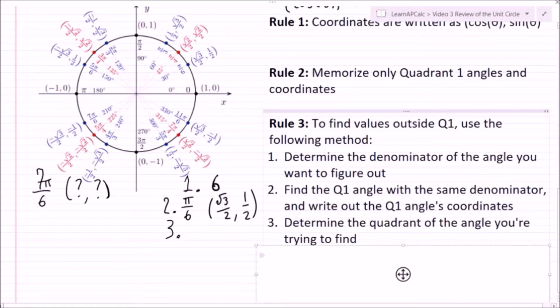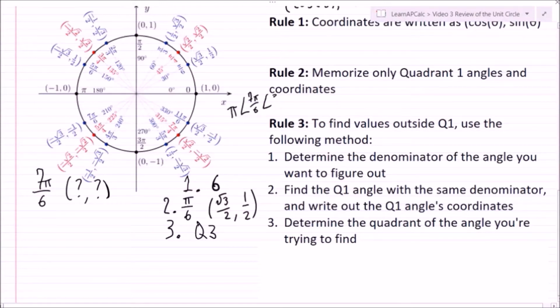After that, we're going to want to determine the quadrant of the angle we're trying to find. So we're trying to find the angle 7 pi over 6, which is in the third quadrant. So I'll write quadrant 3. If you didn't know that, we can simply tell by seeing that 7 pi over 6 is greater than pi, but less than 3 pi over 2.